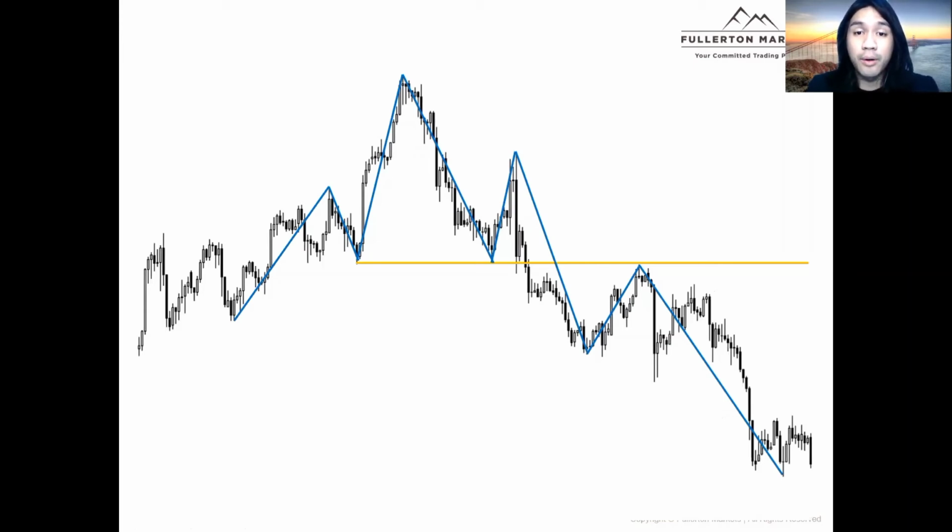All right. Now, friends, here is a very important point I want to get across. You won't see perfect head and shoulders. You won't see very clear cut, let's say one candle down, up, down. It won't show you perfect points to identify as the head and shoulders. Sometimes they look like this.